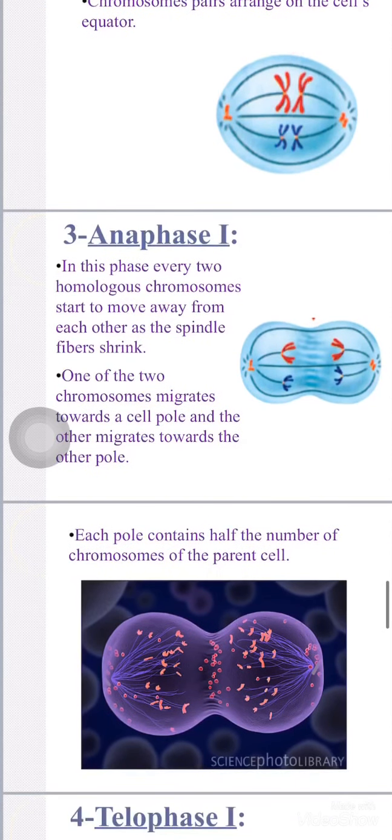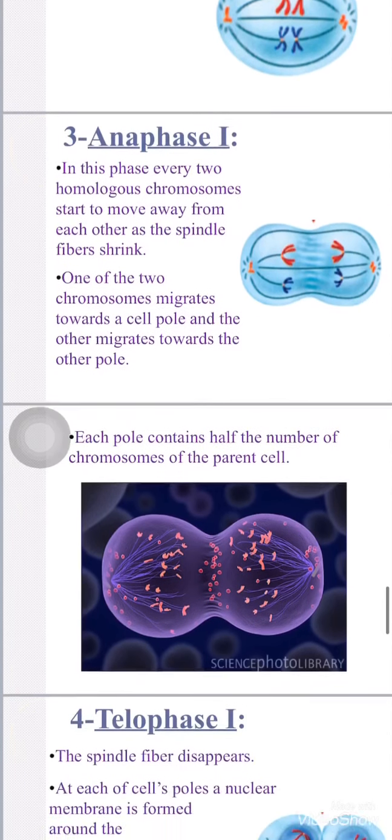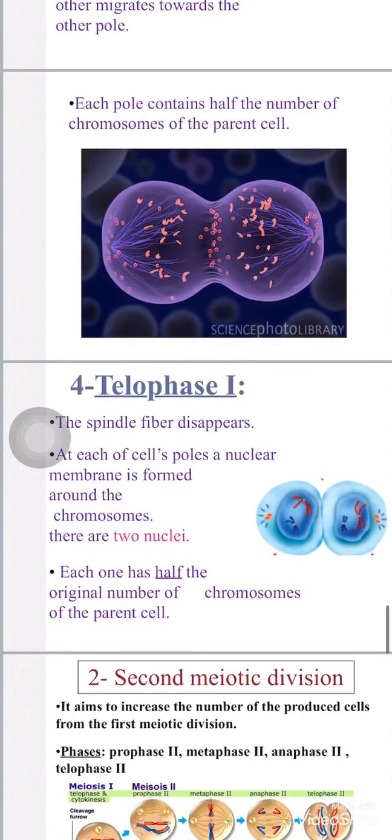So each pole contains half the number of chromosomes of the parent cell. At this stage, yes, the chromosomes were divided into two halves: 23 in this cell and 23 in this cell, okay? In telophase 1, what happens?